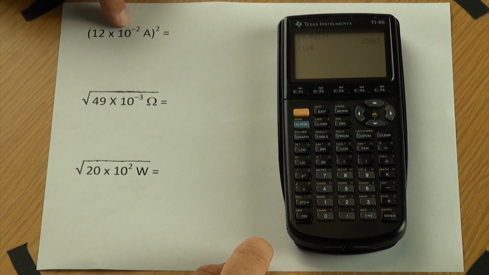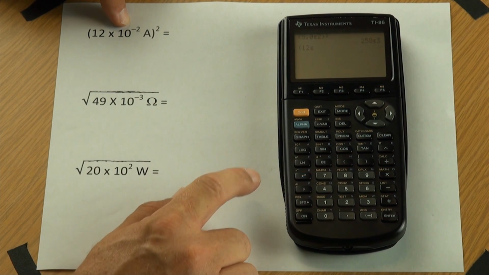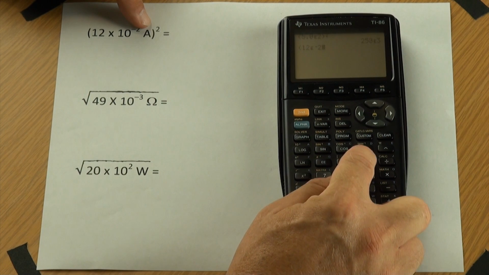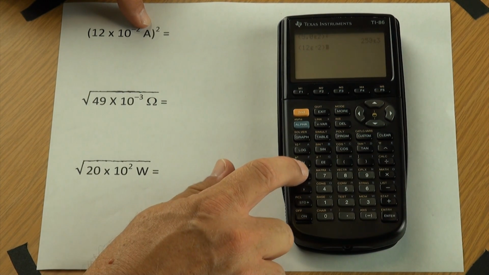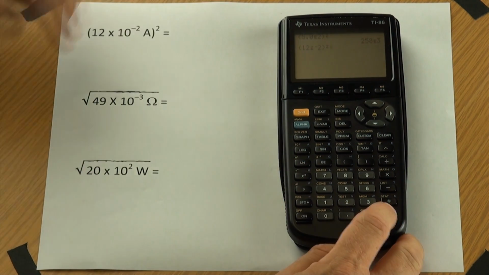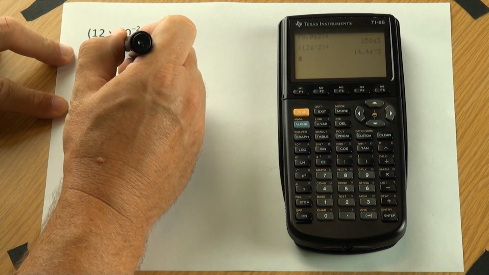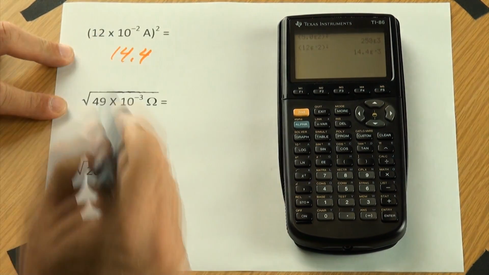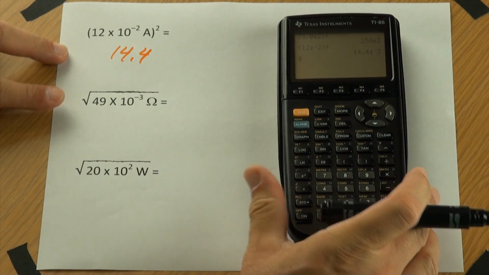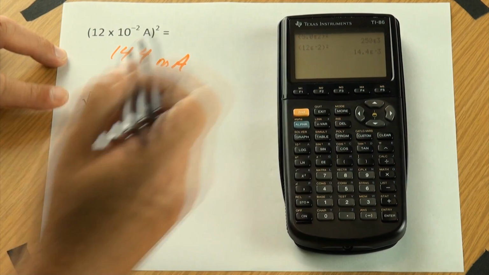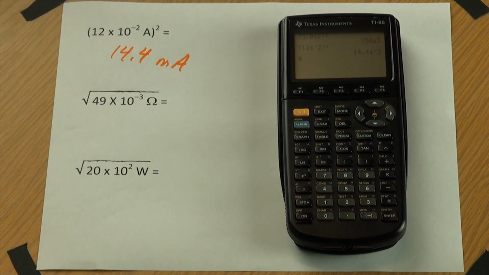In place of times 10, I hit my EE button, and then the negative 2 power, close parentheses, and square the entire thing. As I hit enter, having done that, I'm going to get 14.4. Engineering notation, it's giving me a negative 3, which means we're looking at milliamps. So 14.4 milliamps is the result that I get on that one.